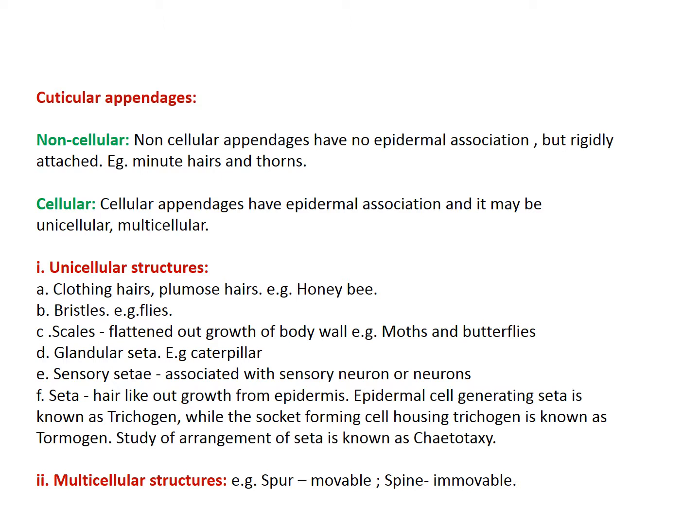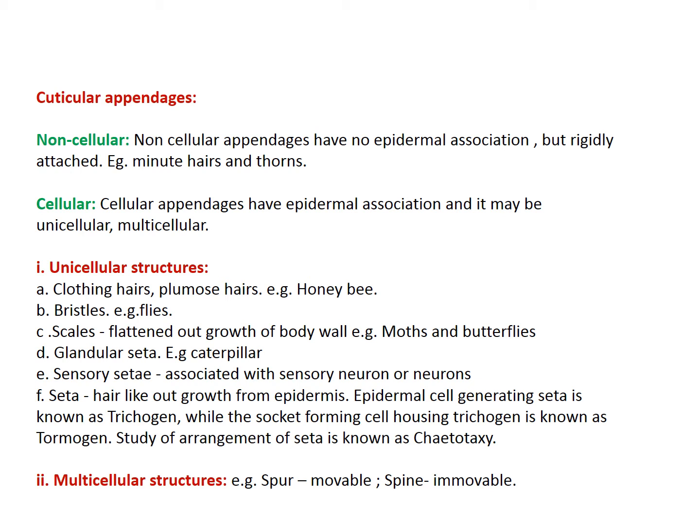Then coming to the cuticular appendages, non-cellular appendages have no epidermal association but are rigidly attached. Examples: minute hairs and thorns. Cellular appendages have epidermal association. They may be unicellular or multicellular.